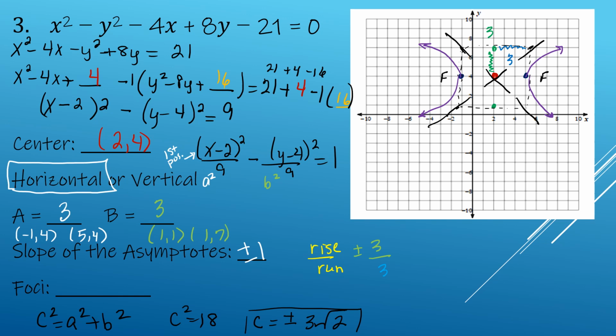So we need to add this c value in this example to the x coordinate of the center in order to plot our foci on the transverse axis along with our vertices and our center. So our foci are going to be the points 2 plus and minus 3 square root 2, comma 4. Great job, guys.